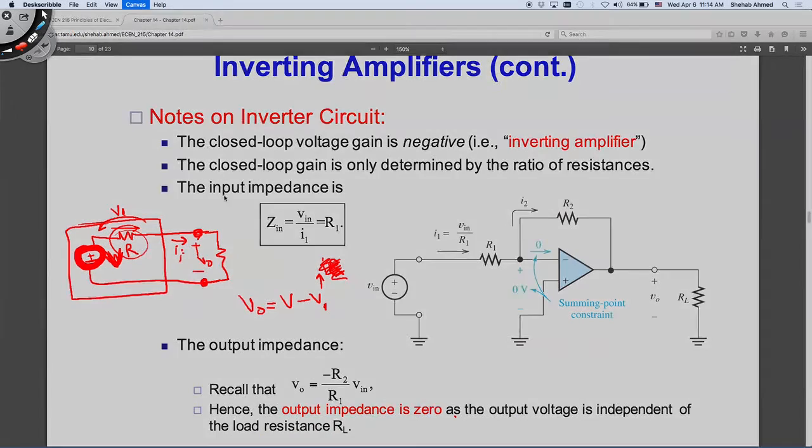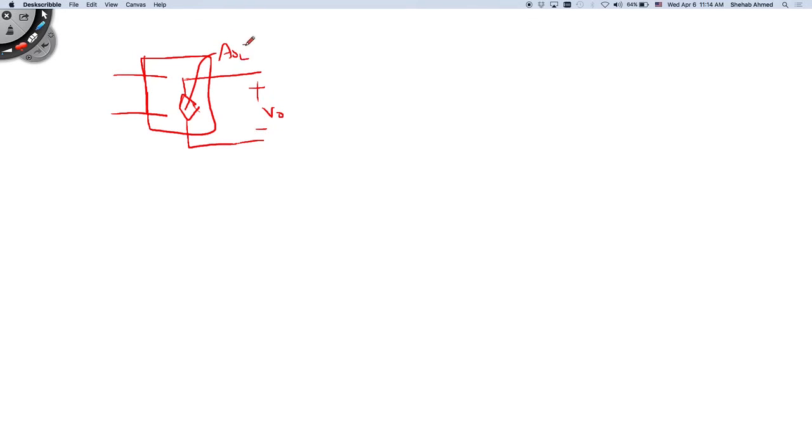Okay, the ideal op-amp circuit looks like this. This is my V output, and this is the open loop gain times Vx, and this is Vx. Do we agree? Great.